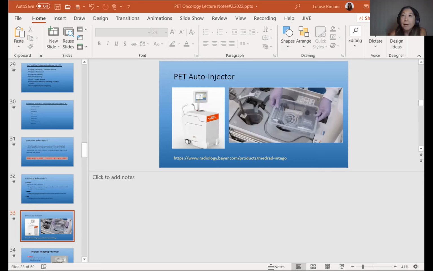And in this case, the sodium fluoride bone scan was better than the FDG in evaluating treatment response, okay? So you're seeing more lesions here than we did on the FDG.